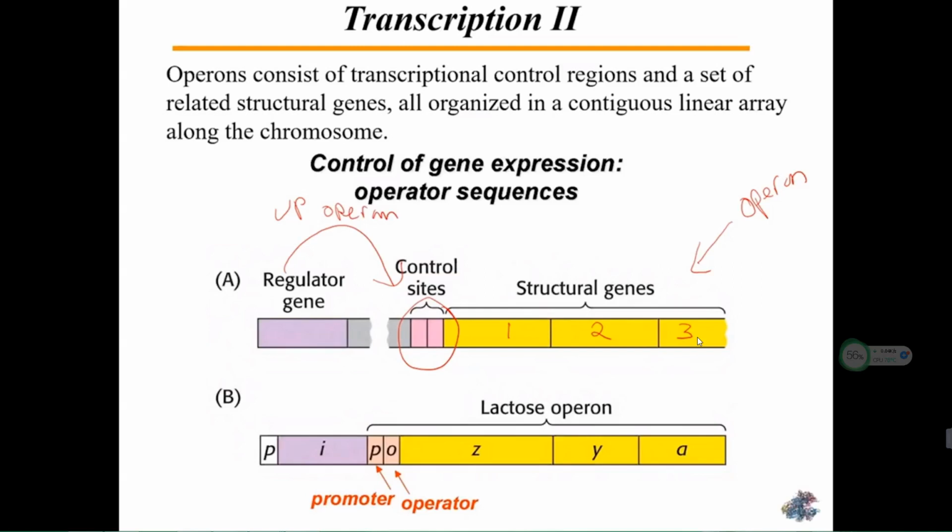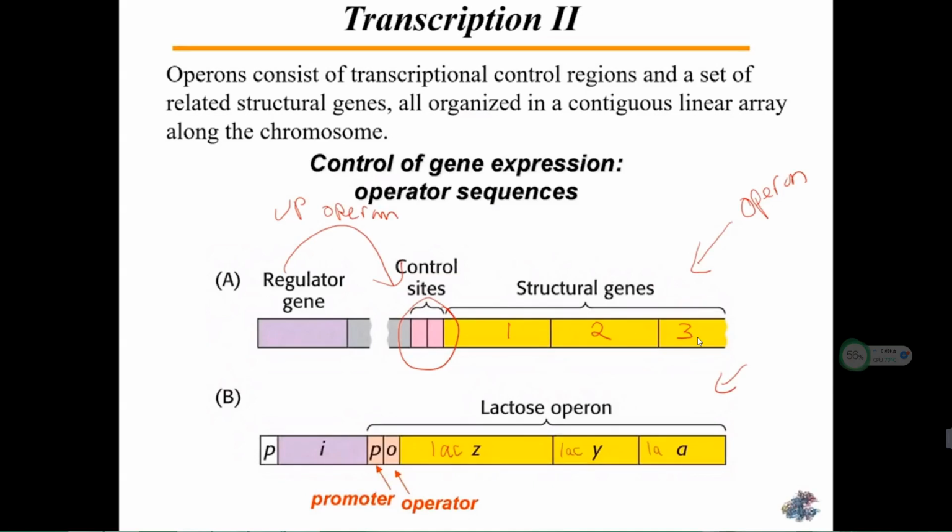Okay, so in figure B, we have the lac operon chromosomal structure. So we have three genes, the lac Z gene, the lac Y gene, and the lac A gene.